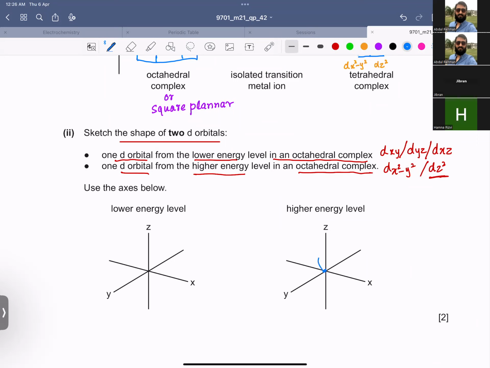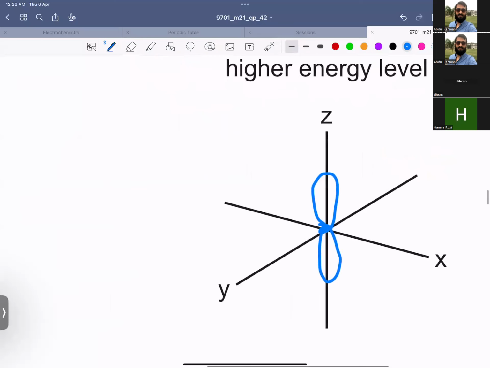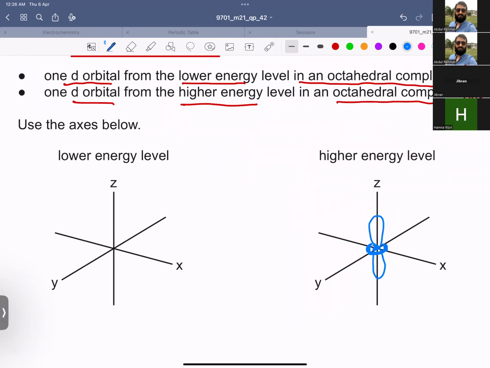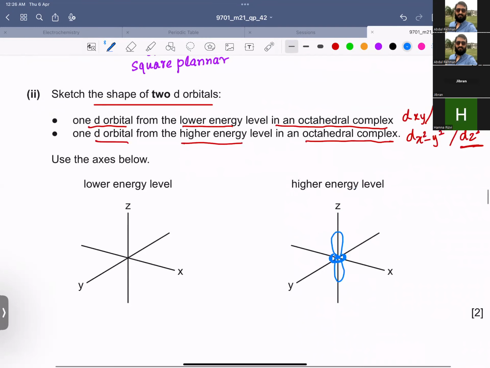So here I will make two lobes on z-axis, and then a disk like this to show dz square. Now, when we talk about dxy, dyz, and dxz, these are actually between the axes.